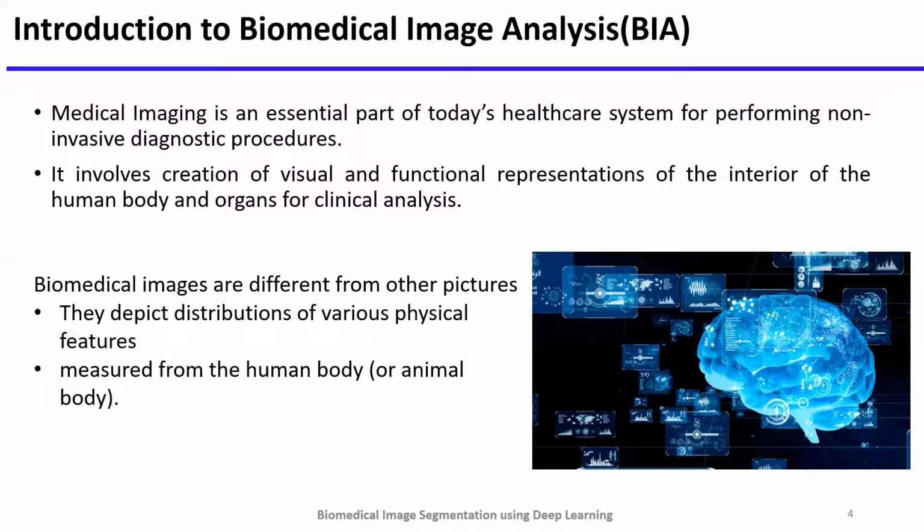Usually we divide biomedical imaging in terms of various aspects. For example, it is helpful to show the internal details of the human body, and it also depicts the distribution of various physical features of the human body.